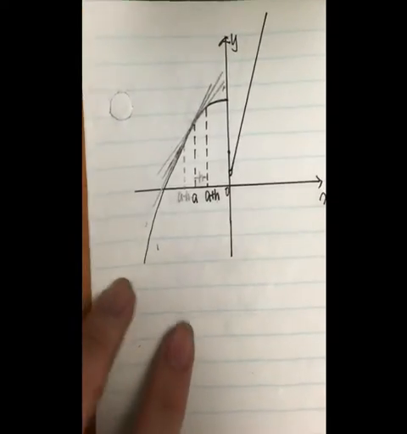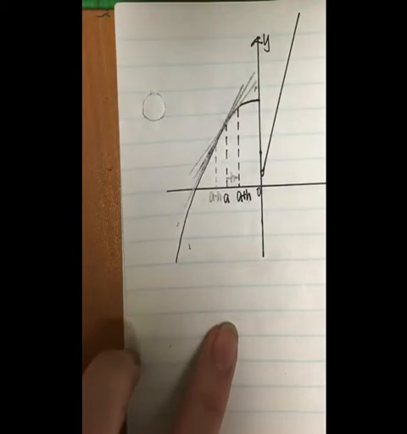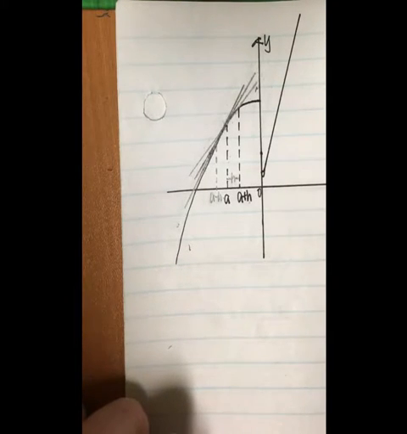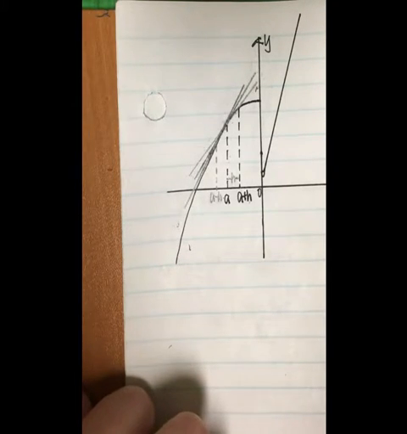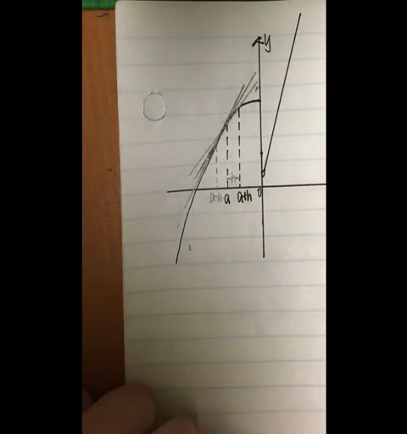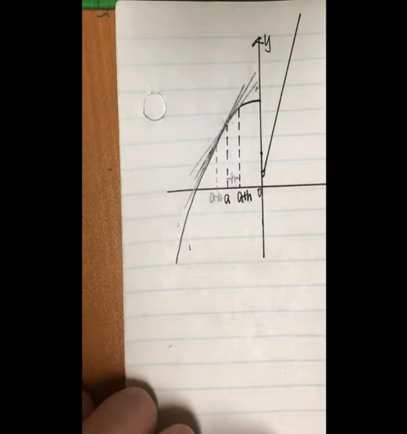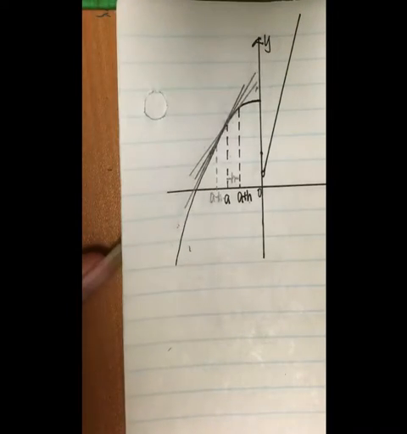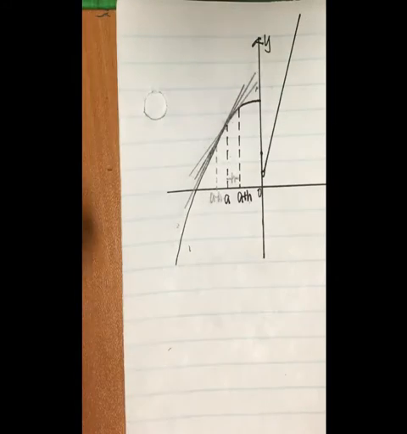Because in this investigation, the purpose is to determine the slope of the tangent at point A. So, when we want to determine the slope of the tangent, we can use the slope of the secant to determine that.